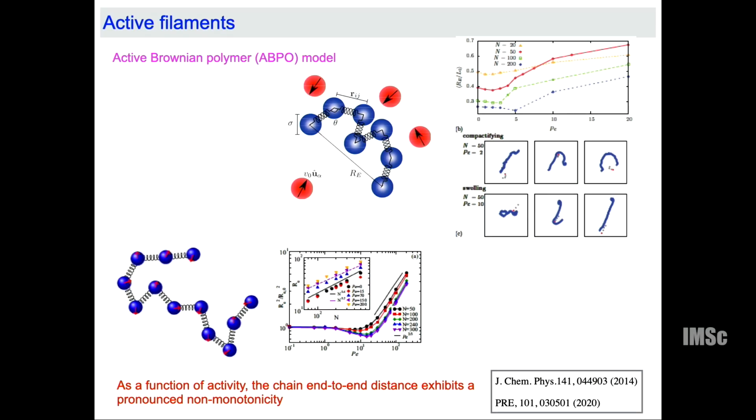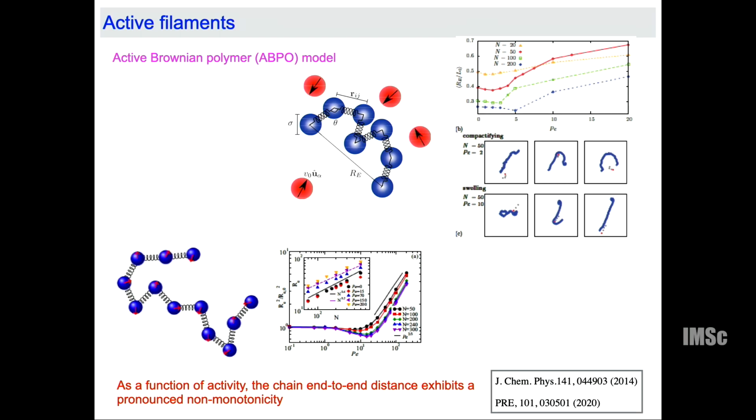Now, to understand these stitched Janus particles, there have been different models. To understand this active polymer, there are different types of models in the literature. One model is called the active Brownian polymer, where you have a polymer chain, and the activity, when I say activity, it means some sort of forcing.